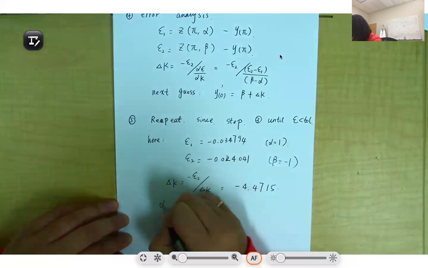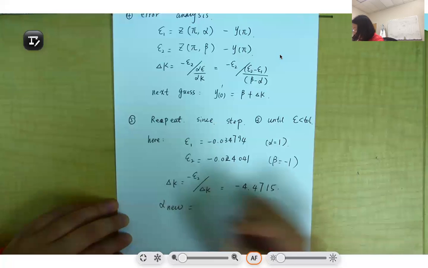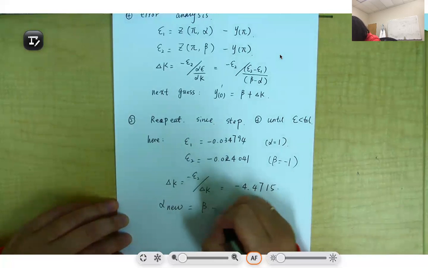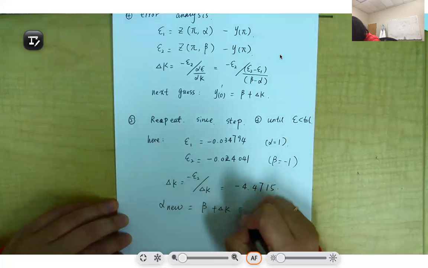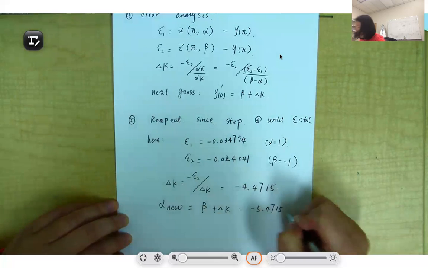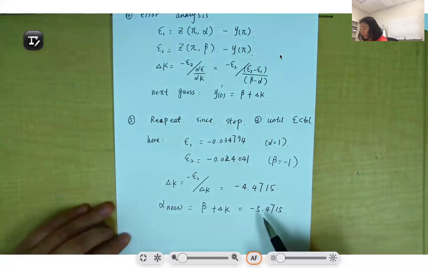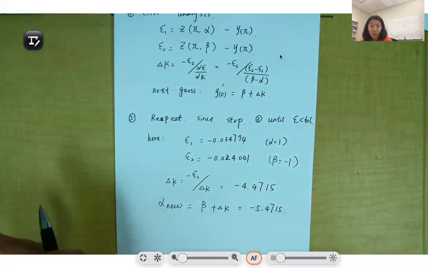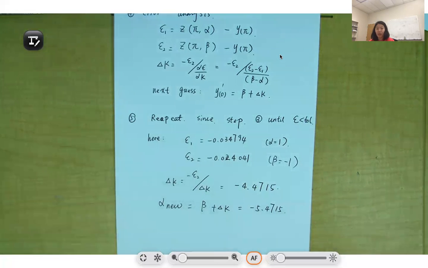So the new alpha will be equal to beta plus delta k, which is negative 5.4715. You can input this value into your IVP problem and you can see it already meets the tolerance. So that is how efficient such error analysis is for the shooting method.